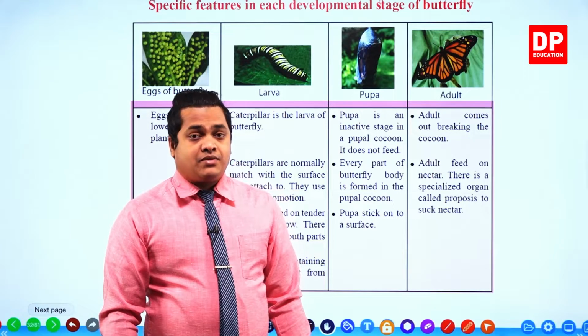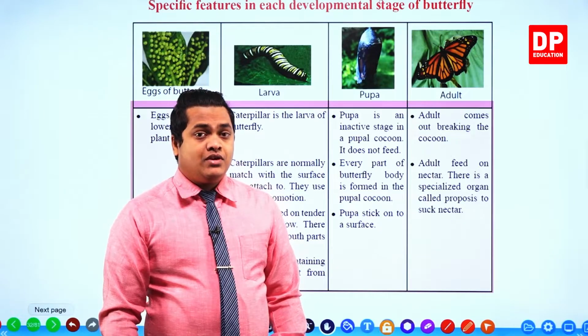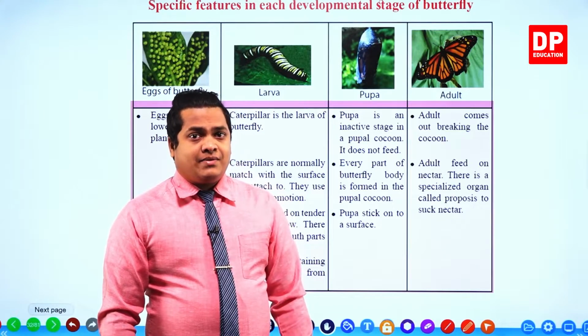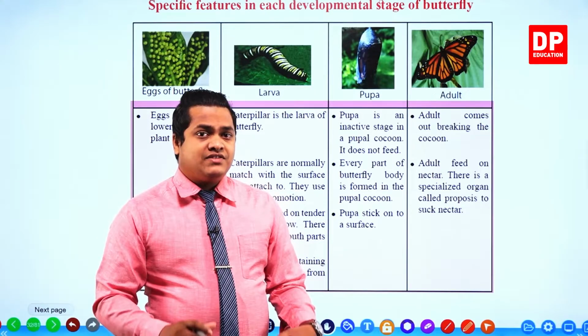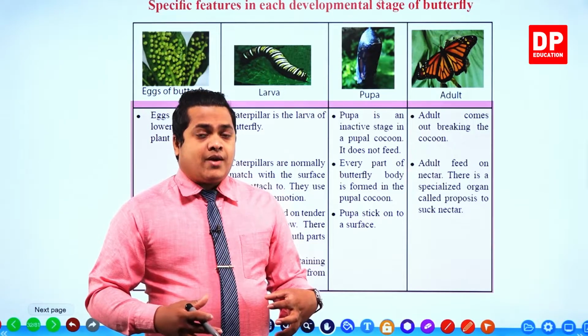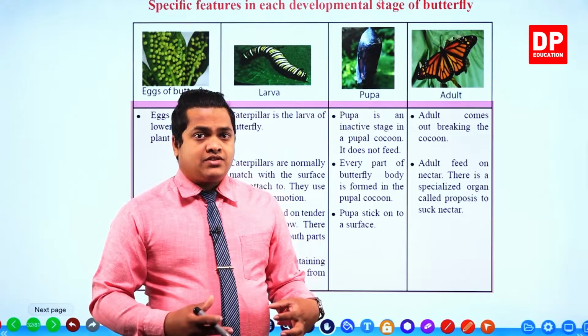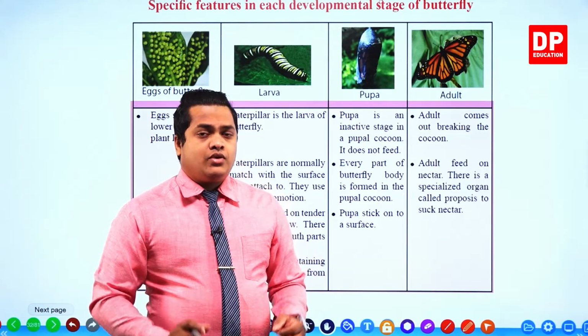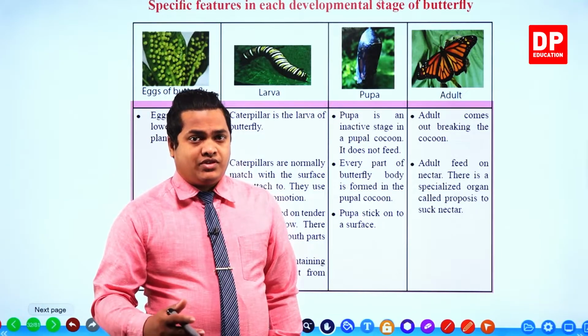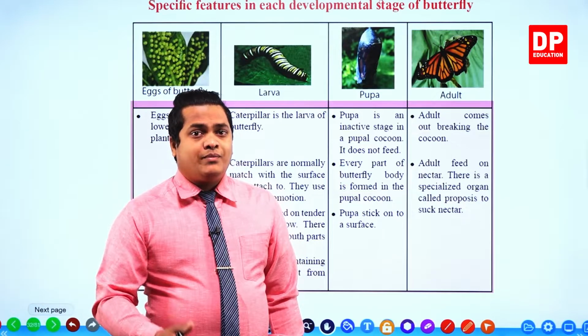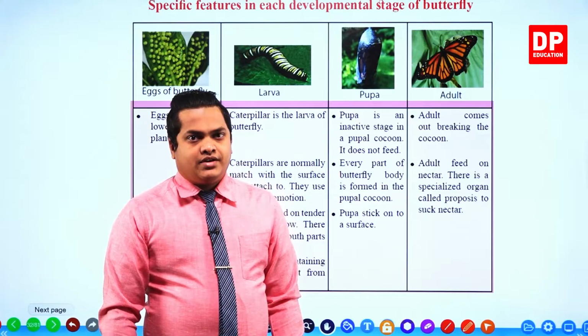So in that case, my dear children, it gives an upper hand for the caterpillars to live without going into predation, without becoming prey, right?